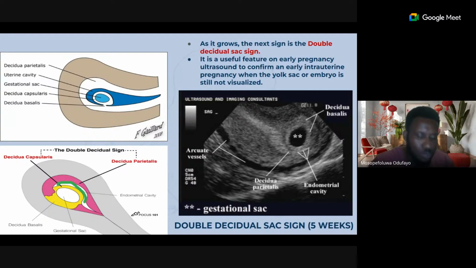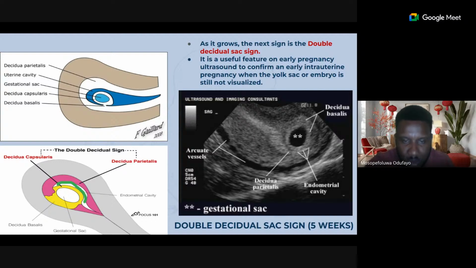That's the base, the floor it's resting on. Then the endometrium that covers it is called the capsularis, obviously, because it's covering it. And then the endometrium at the other side, that was not involved in the implantation process, is the parietalis. And between the parietalis and the capsularis, we have the cavity.